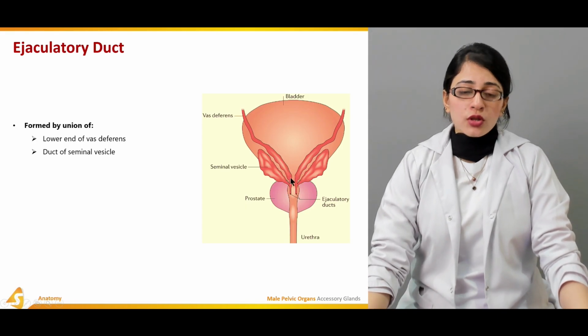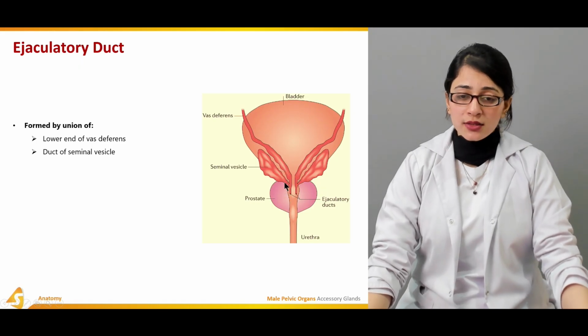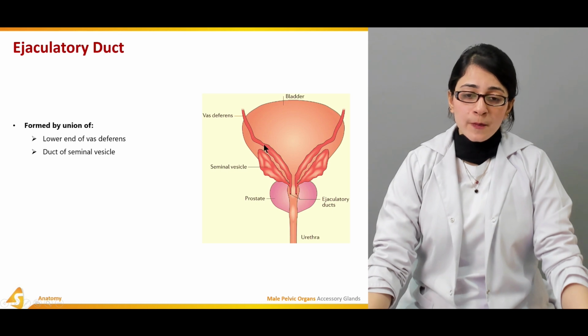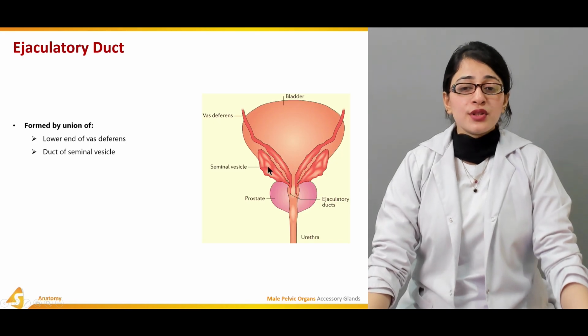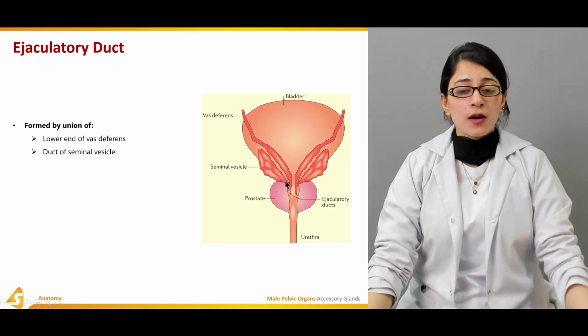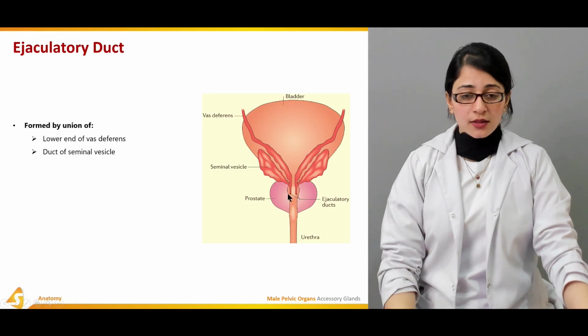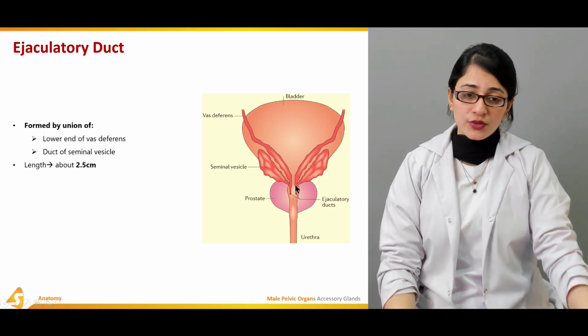So these two structures make the ejaculatory ducts. We have the vas deferens coming down. This is the ampulla of the vas deferens, and along with that we have the duct of the seminal vesicles. They unite together, they open here into the urethra, and the single duct formed here is named the ejaculatory duct.